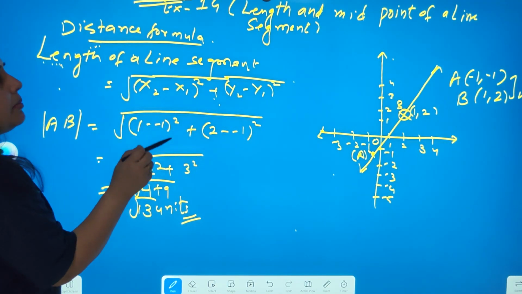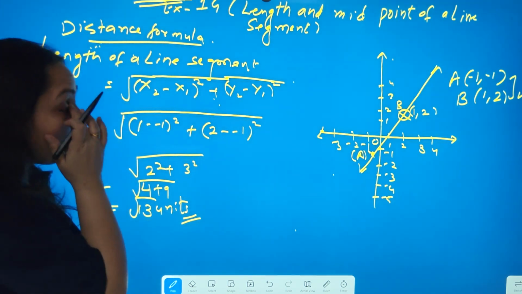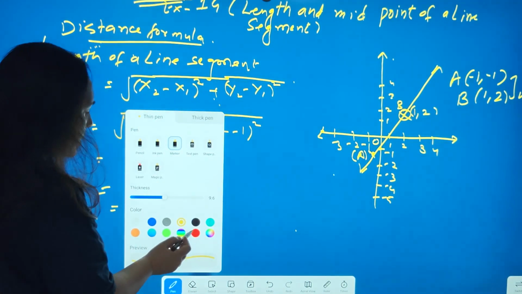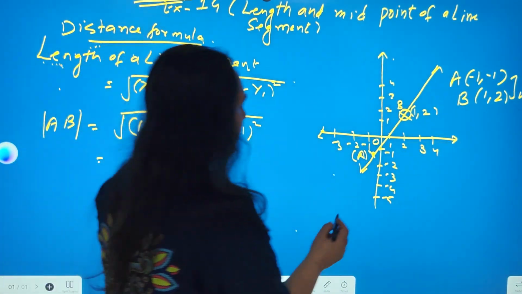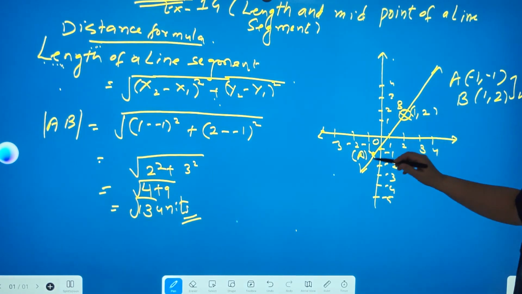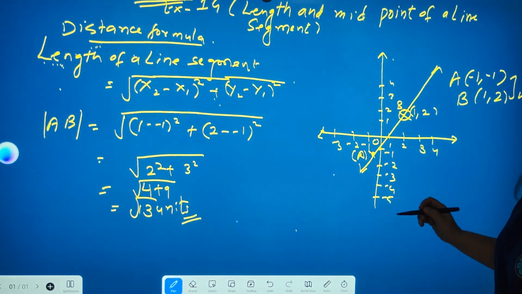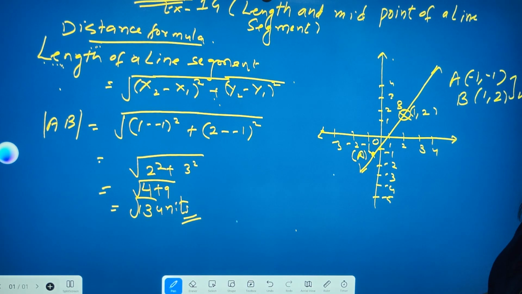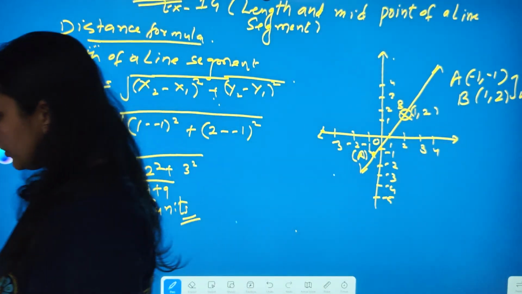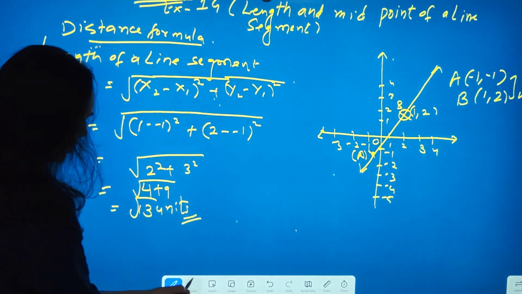Now in the same line segment, suppose you want to find the midpoint of the line segment AB. So what is the formula for the midpoint of a line? I'm going to rub this part over here first.